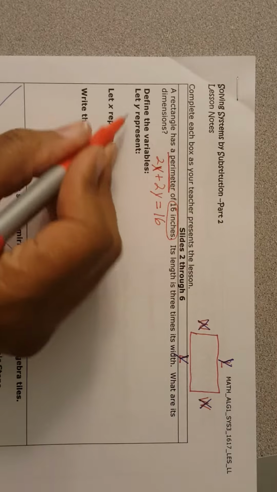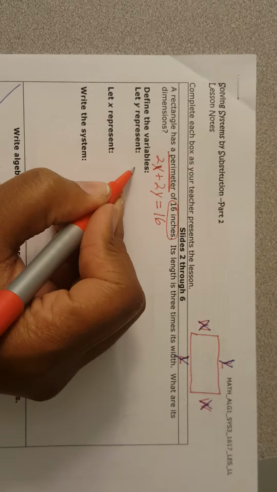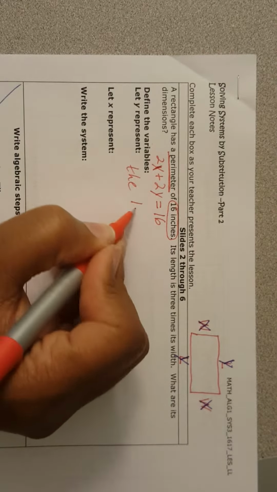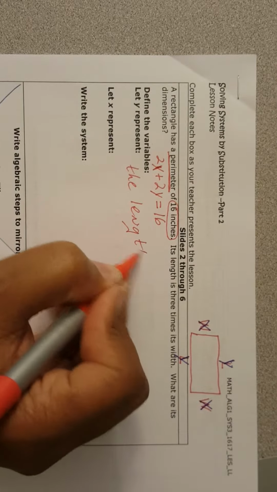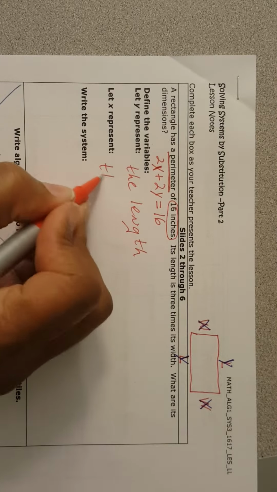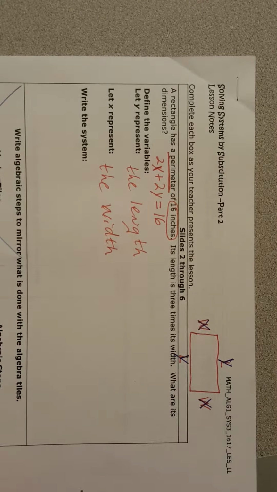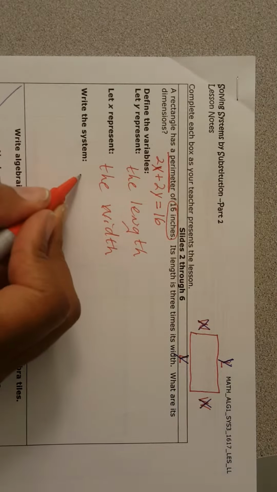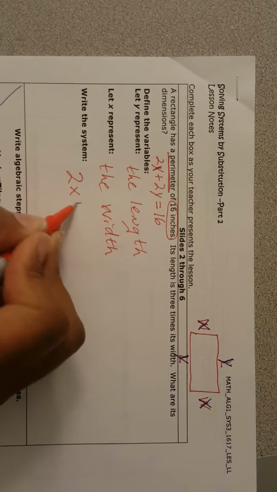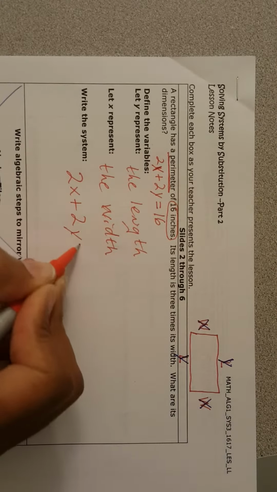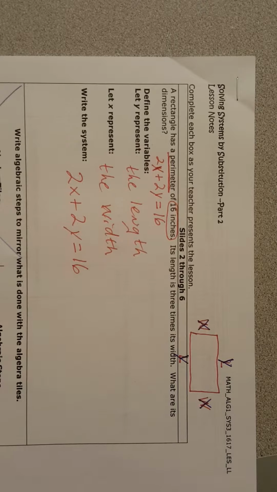Again, we are letting y represent the length and x represent the width. Our first equation, 2x plus 2y equals 16.